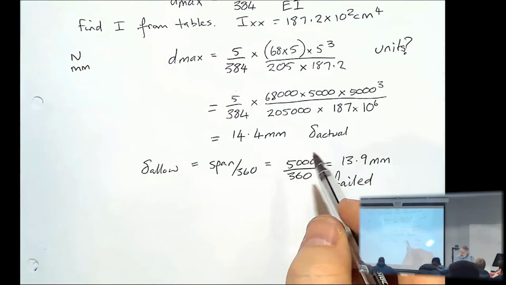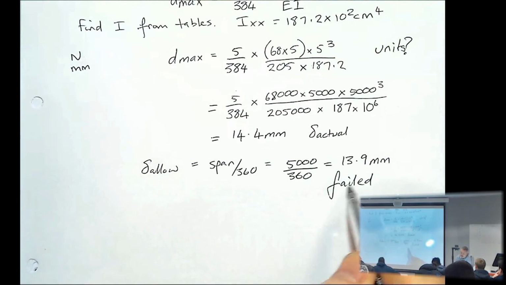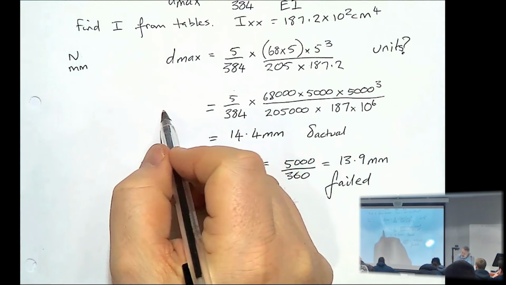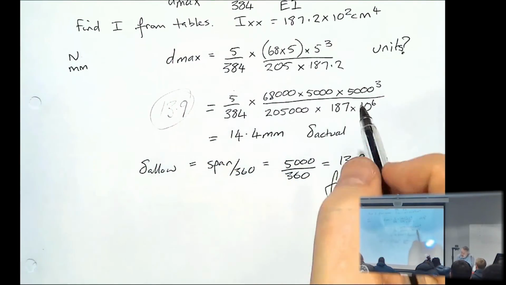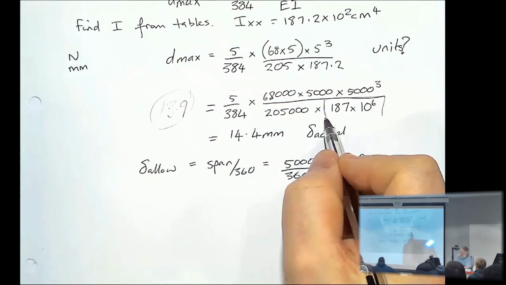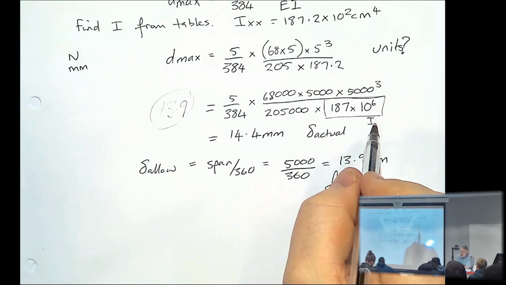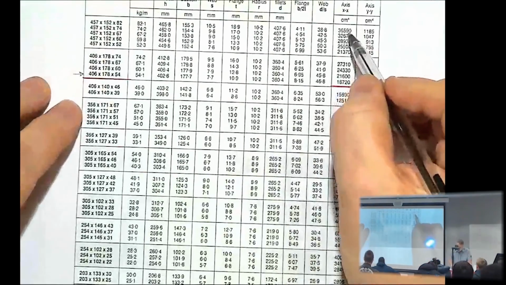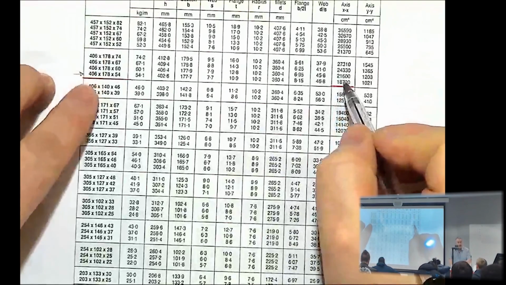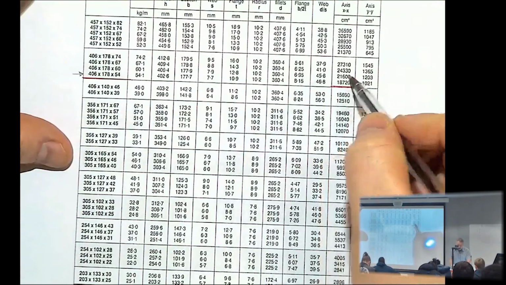What you could do is put the allowable deflection, this 13.9, into the equation, and leave out your I value, and you could find out a value of I. Then afterwards, once you've got your value of I, you can go down your I values and try and find a beam that has got a larger I value than what you've worked out, and then you can choose a beam.